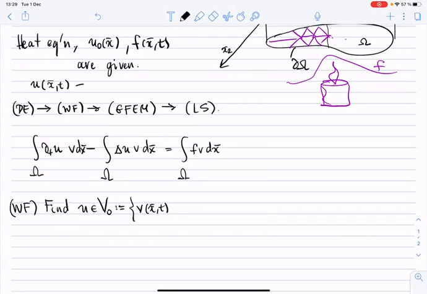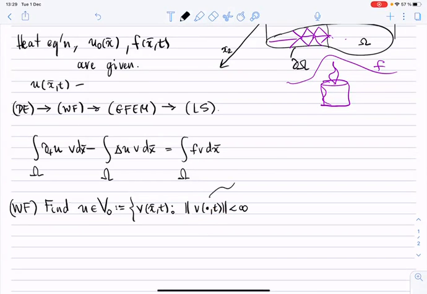These are all functions v(x,t) that are square integrable, so we usually require that the norm of v(·,t) is less than infinity. Here the little dot means that the norm is taken with respect to the first variable, which is x.